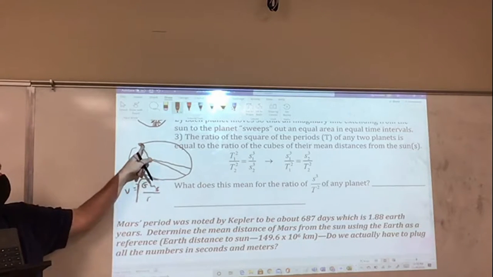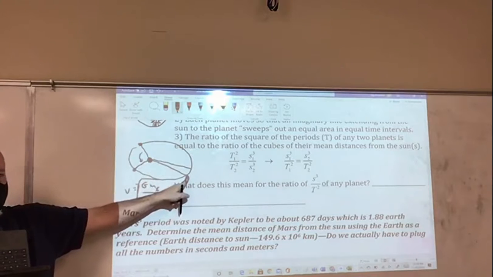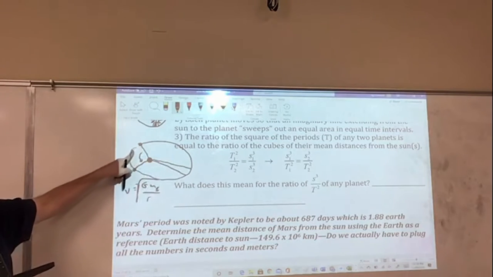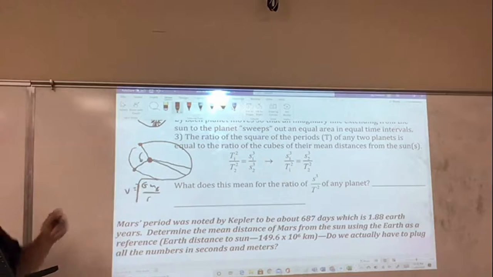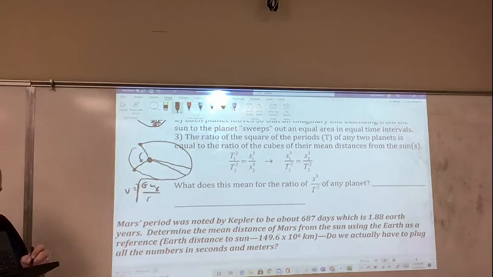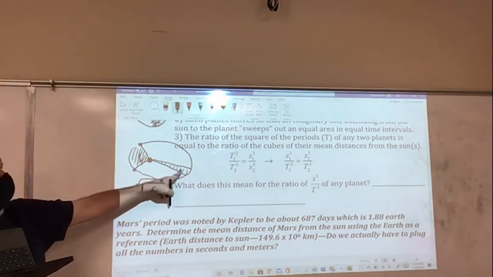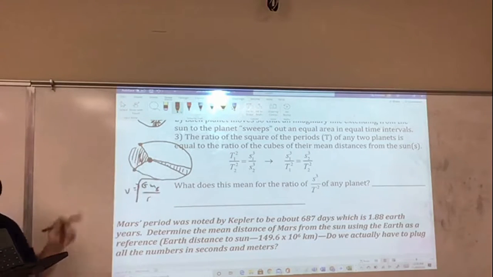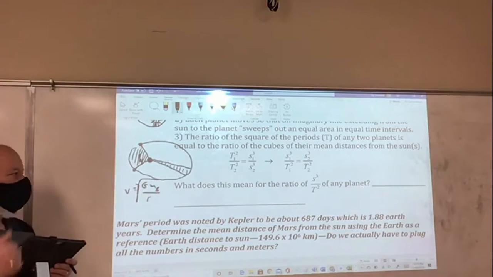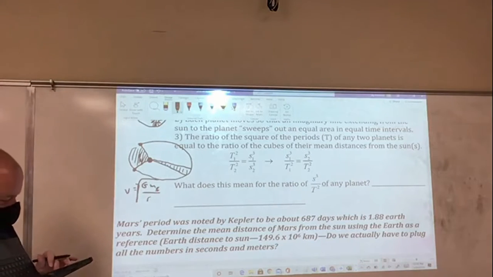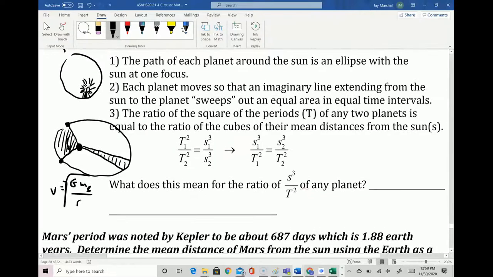The gravity of the sun's going to be stronger here than when I'm way out here. Okay, so as I'm closer to the sun, this line sweeps out this area, and it sweeps out this area. For the same time period, it sweeps out the same area. Okay, now that's not something that we actually use. We just observe that.